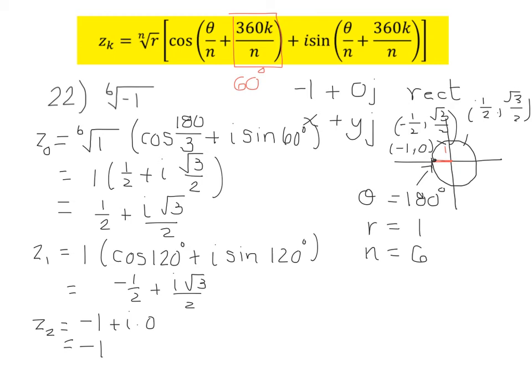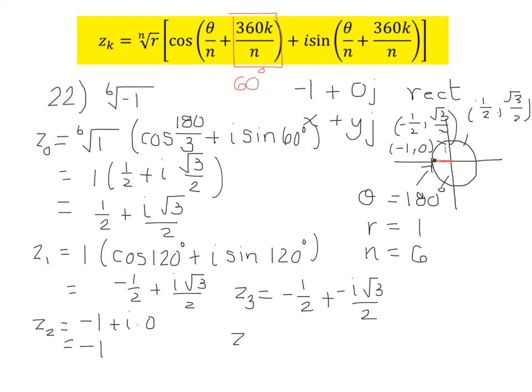My fourth sixth root is going to be using an angle 60 degrees more than the previous. That's 240. At 240 degrees, I know that my cosine is negative 1/2, and my sine is negative root 3 over 2. So it's negative I root 3 over 2.